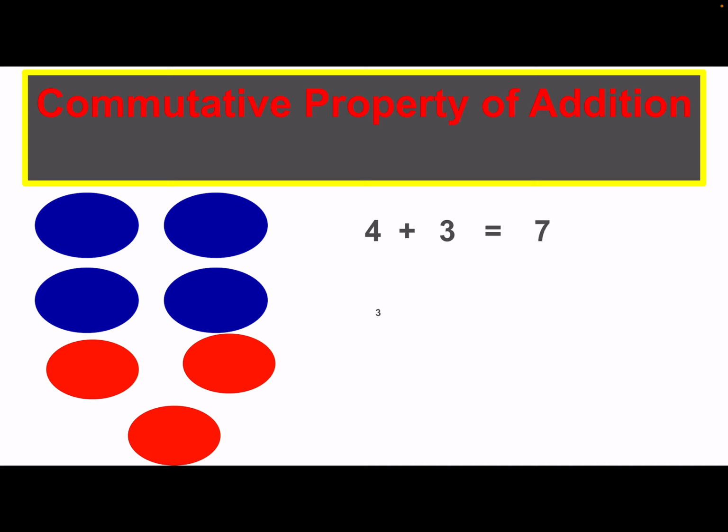If we have 3 balls and we add 4 balls to it, so 3, 4, 5, 6, 7, the answer would be 7. So even if we change the order in addition, it doesn't matter. The answer will be the same. And this is called the commutative property of addition. So 4 plus 3 is equal to 3 plus 4.